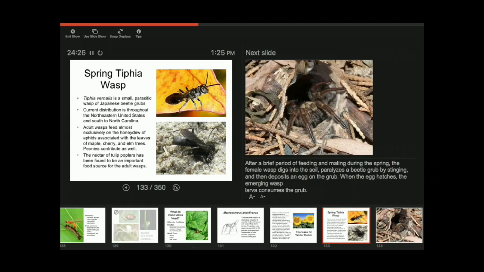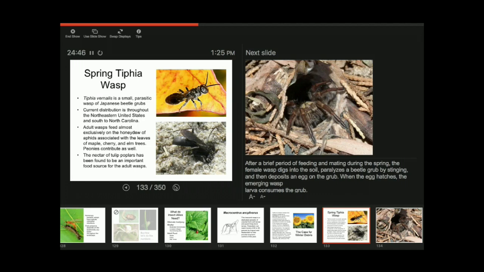You have Japanese beetle in Indiana, correct? So Japanese beetle, having come from Japan, didn't necessarily have the parasites that keep it more in check in Japan. Here on the North American continent, we have something called the Tiphia wasp.